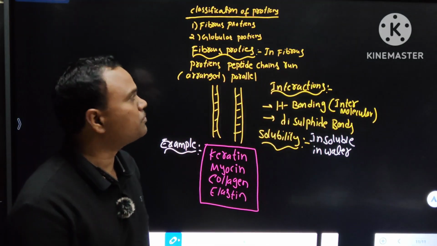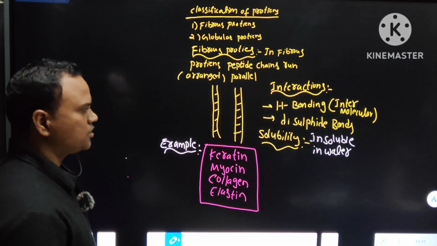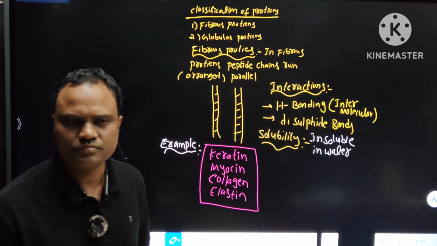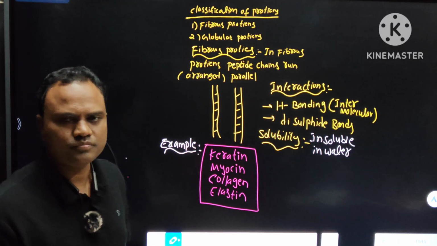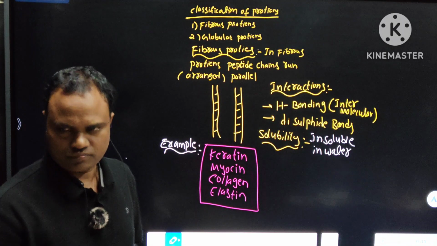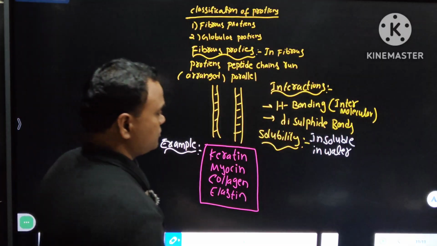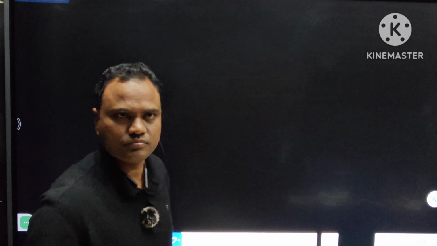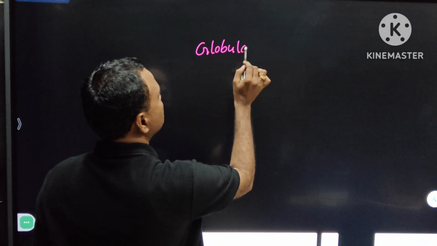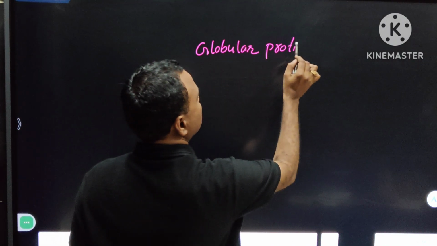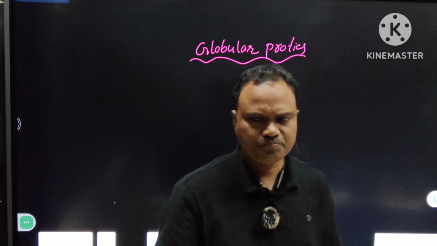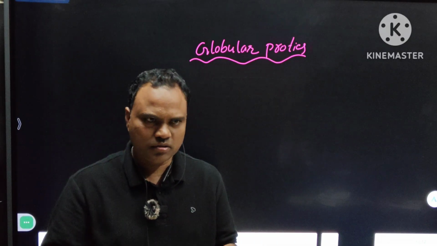Next, globular proteins. See, in fibrous proteins, polypeptide chains are arranged parallelly.